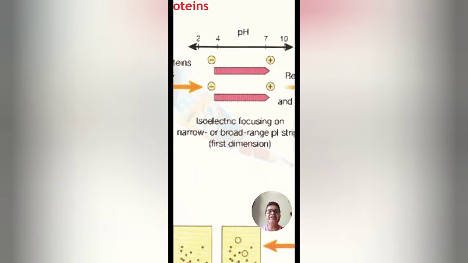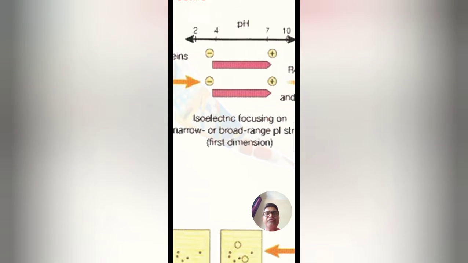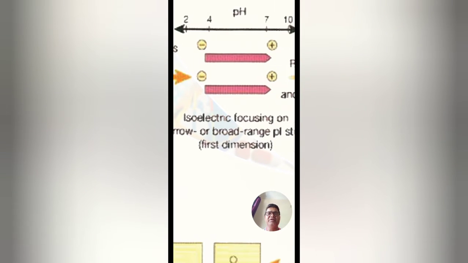separate the protein on the basis of isoelectric focusing. So what do we mean by isoelectric focusing? To understand isoelectric focusing, you must know what is pI. What is pI?